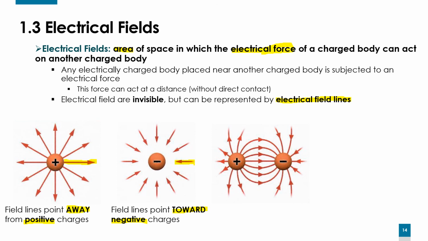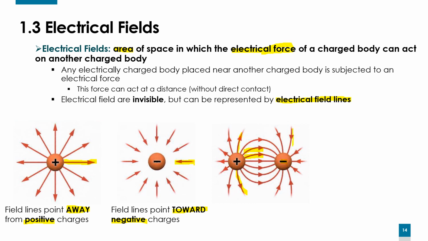What happens if I have two charges close by, for example one positive and one negative? By convention, my positive is moving away, but my negative is moving toward.